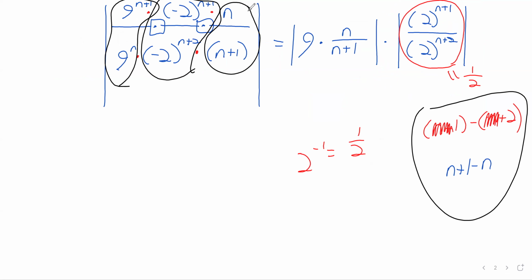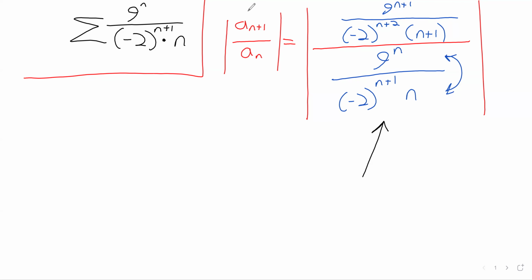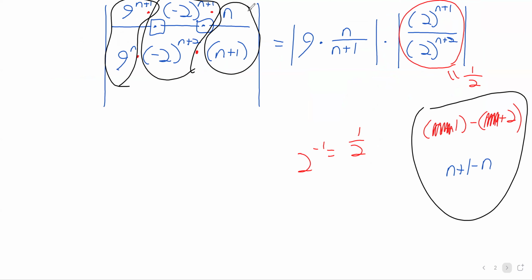So the ratio test definitely gets you some very messy looking fractions, but again, just don't be overwhelmed. Take them one by one. And if you're still working on it 10 minutes later, then probably either you have made an algebraic error or the ratio test was not the tool for the job.